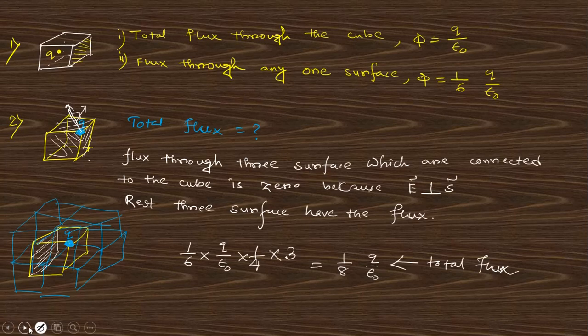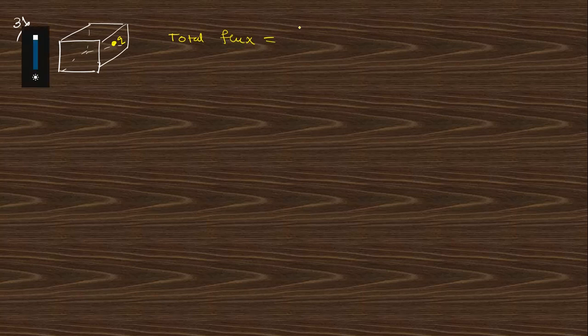Now I want to discuss the other positions. Suppose the figure is like that, number 3. If the charge is on the surface of any cube, on any face, like here, then since the charge is shared by 2 cubes, the electric flux will be 1 by 2 q by epsilon naught.